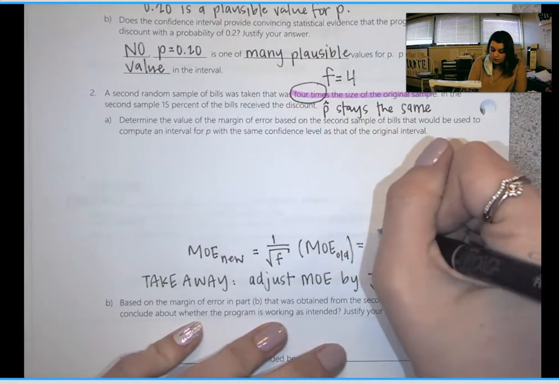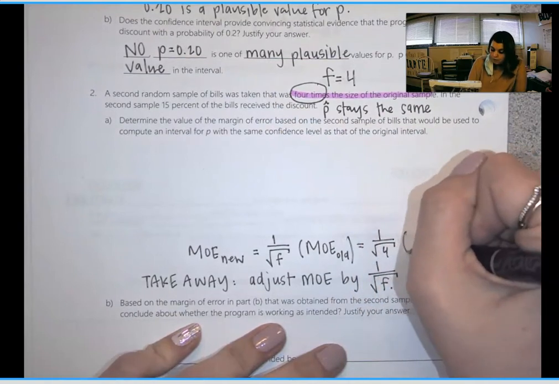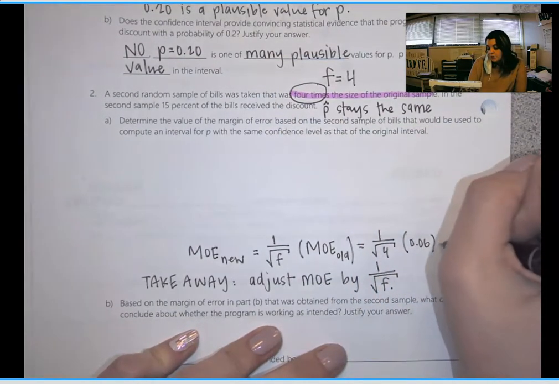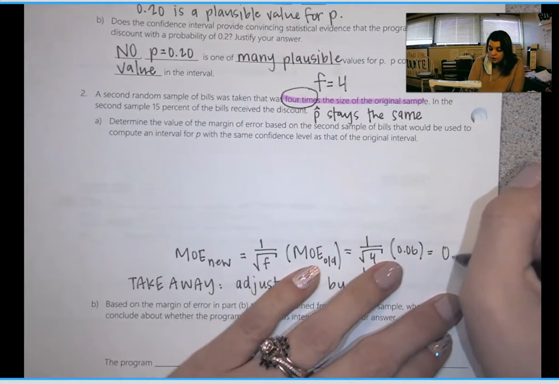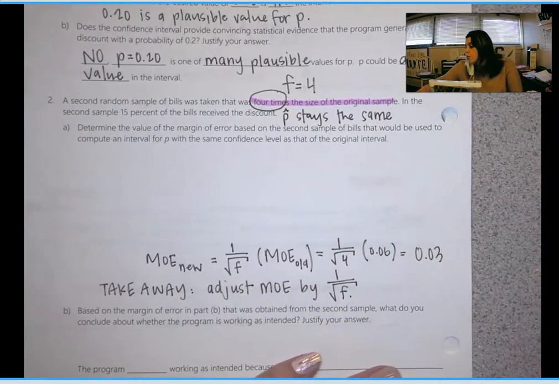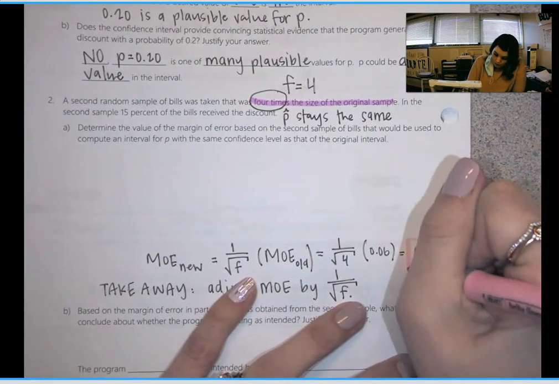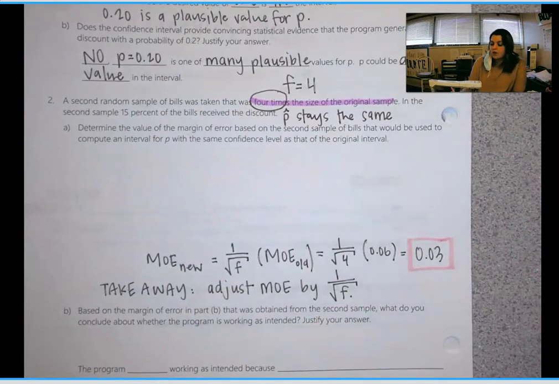This is going to be 1 over root 4 multiplied by 0.06. So your new margin of error is 0.03. We cut the margin of error by half.